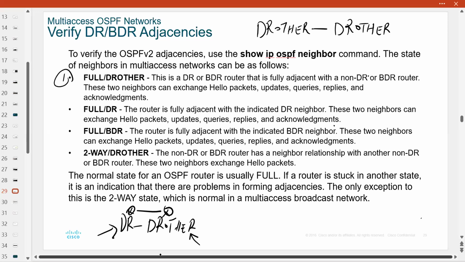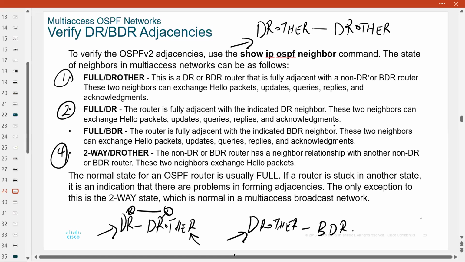If you go and show neighbor from this end, you get number 2. If you have a DR other and a DR other, if you show the neighbor from this one, you get number 4, DR other and DR other. And now if you have lastly a DR other and BDR, being a neighbor with BDR, and you show from this side, you get number 3.